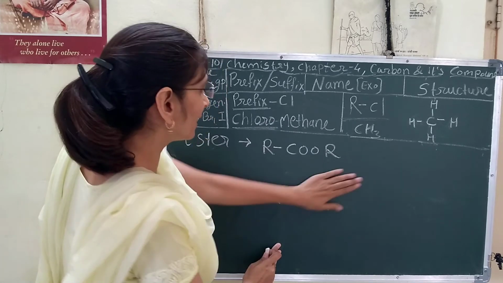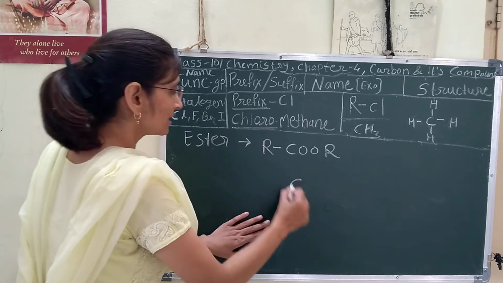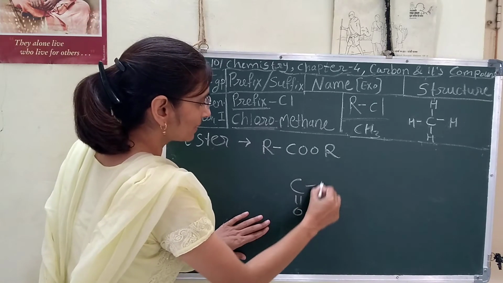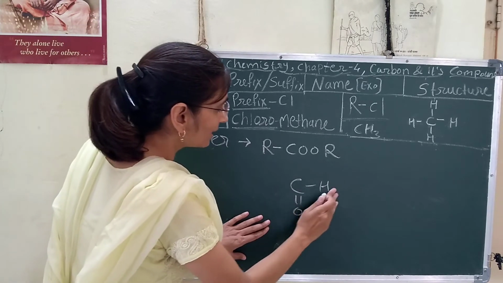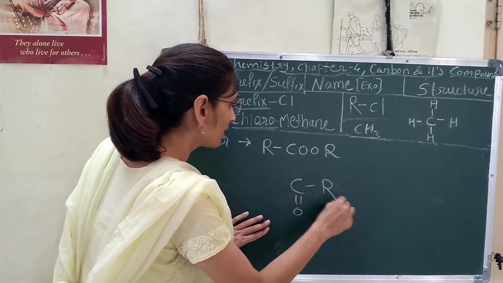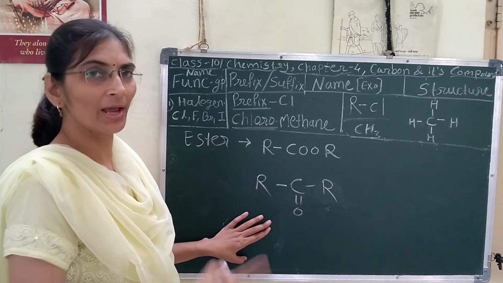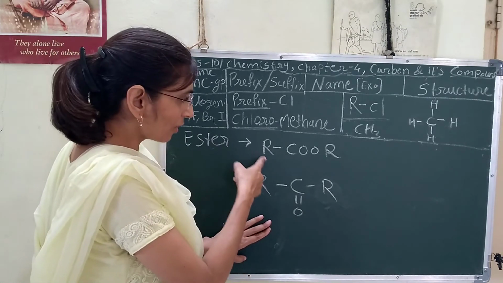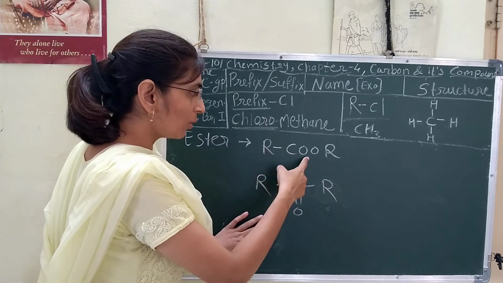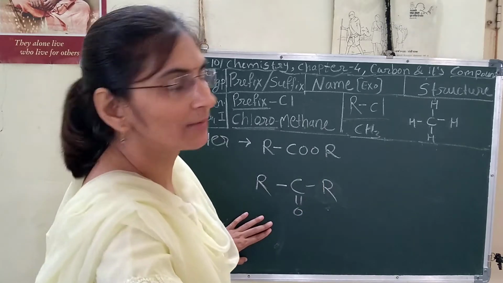Okay? Like the ketone and aldehyde. In aldehyde, the carbonyl group is attached with a hydrogen atom, but in ketone it is attached with R. But this side also was R here, that we have seen before. Here also for ester, RCOOR will be the general formula.